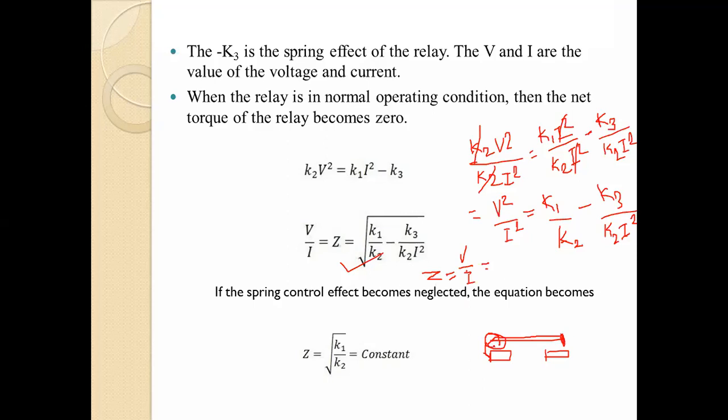So when we are neglecting this spring tension or spring control effect, which is related to this K3, then this Z, that is V upon I, is equal to the square root of K1 upon K2, and that is a constant. So this is our equation for impedance.